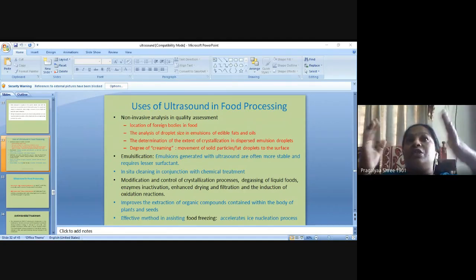So in this case of freezing, what happens? First nucleation among the material takes place. So first the solvent, water, will undergo the nucleation process. Then afterwards the solute will undergo. Finally, the entire process takes place. So for that initiation of the freezing process, initiation of formation of the ice crystals, nucleation is the first step that is initiated fast in the case of ultrasound processing.